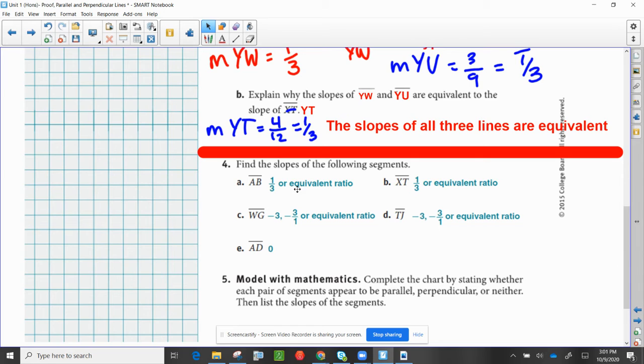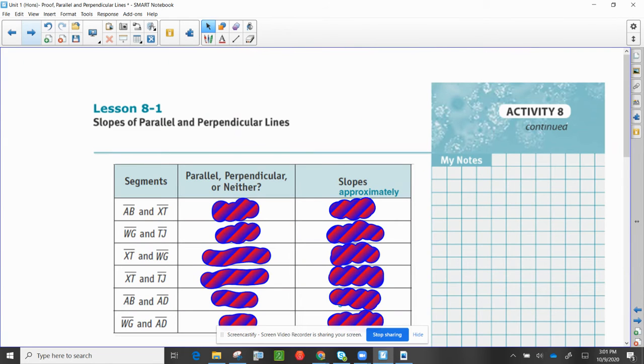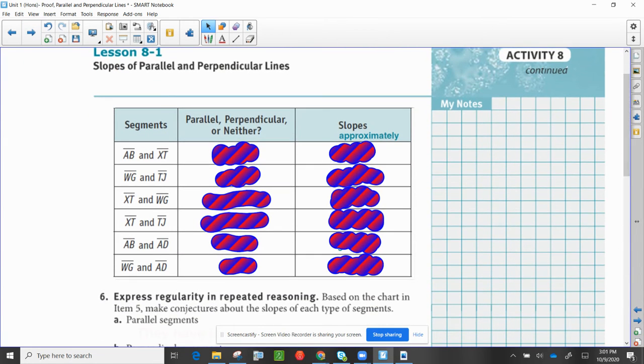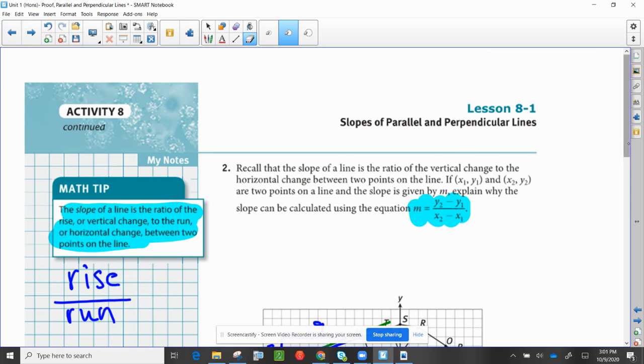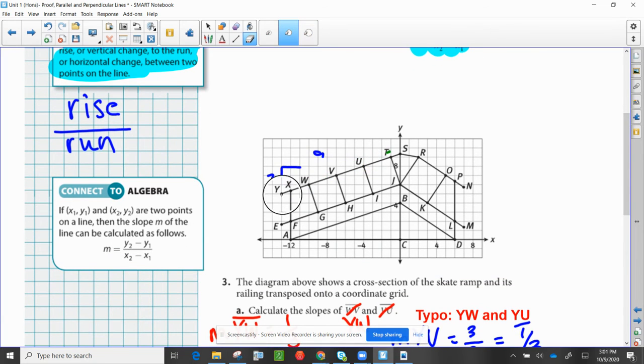So we're going to take these slopes and put them in this chart on the next page, page 91. If we look at AB and XT, those are ones we just found on the previous page. Those slopes were 1/3 and 1/3. And if I look at their picture on the graph, let's see, where's AB?